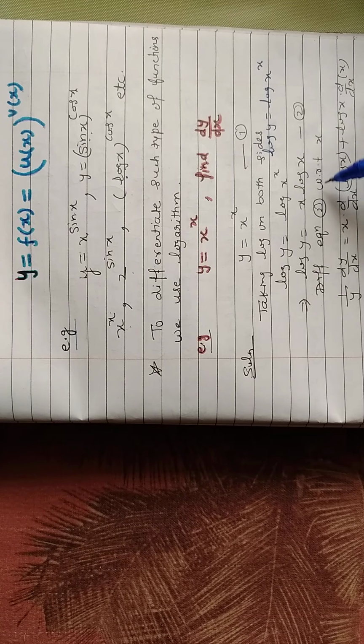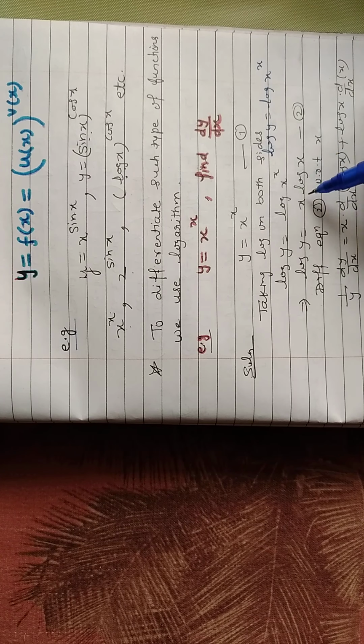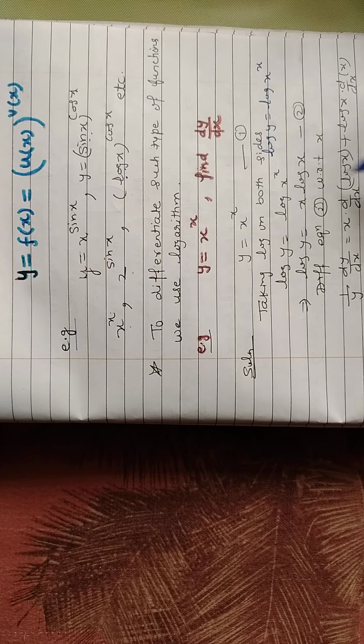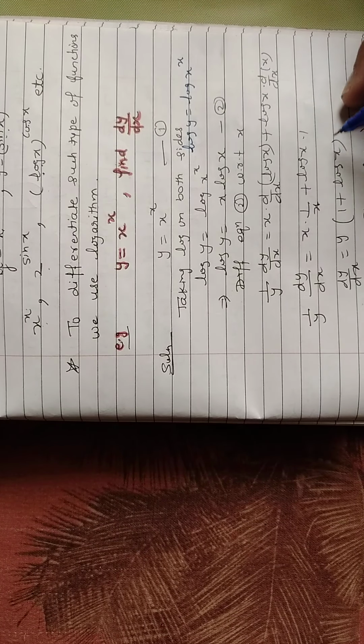Now you will differentiate this equation with respect to x. So differentiating log y, it will become 1 by y dy by dx, is equal to, here you will use the product rule: x as it is, derivative of log x is 1 by x, plus log x as it is, derivative of x is 1. Clear?